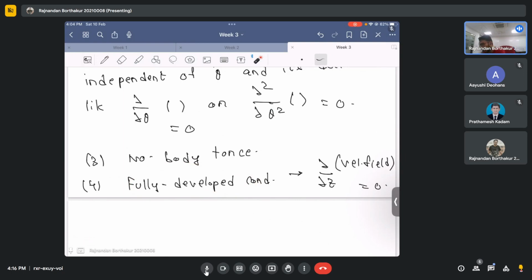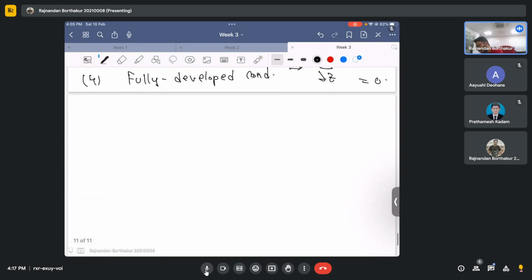Okay, so based on these assumptions, let's now start our problem by writing the continuity equation. Since this is a cylindrical problem, and as you have seen also in the Hagen-Poiseuille flow, we need to convert our system into the cylindrical geometry.